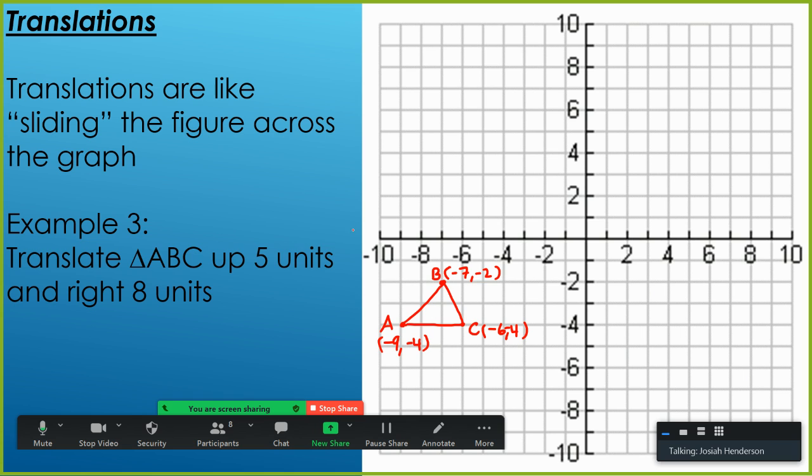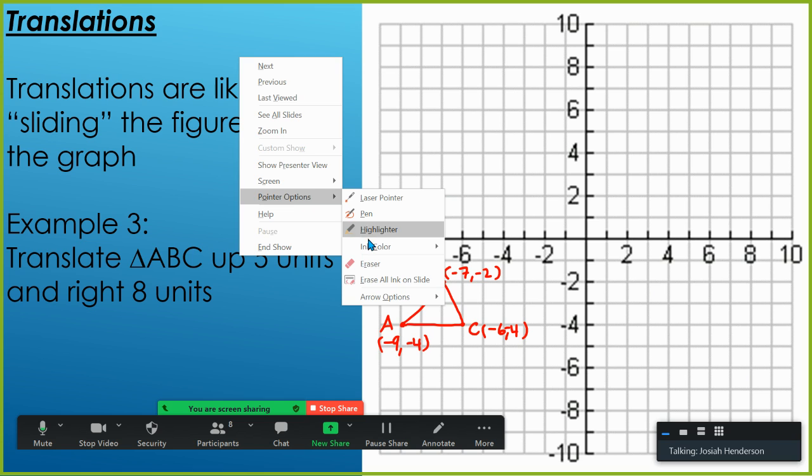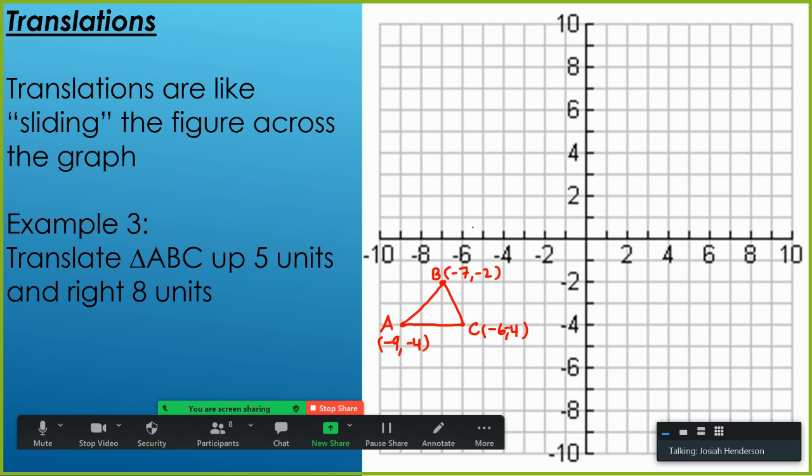Now, if I'm supposed to move this thing up 5 units and right 8 units, where does that put our new figure, our translated figure? I'm going to put this in purple. So every point we have, A, B, and C, needs to follow these directions. Go up 5 and right 8. So let's do this one point at a time.